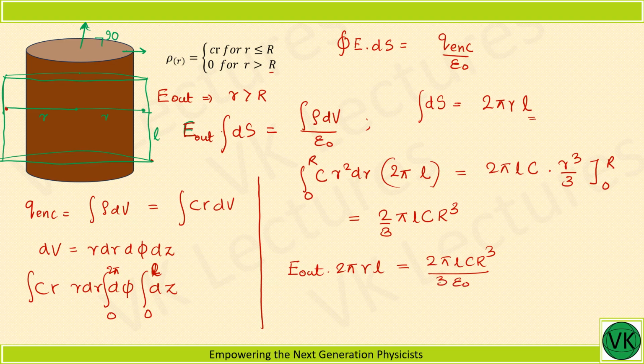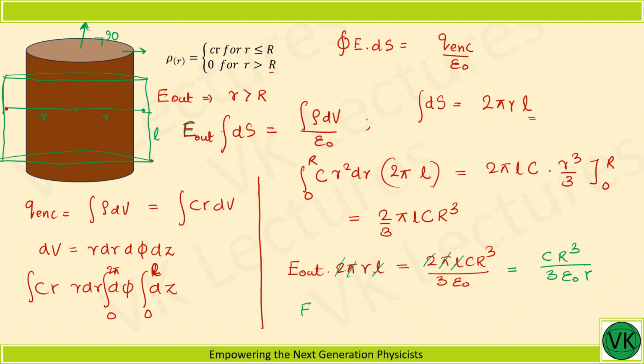Now cancelling out the common terms, 2 pi and L and L, we get C capital R cubed by 3 epsilon naught R. So that gives E equals C capital R cubed divided by 3 epsilon naught R. So this is the electric field outside.